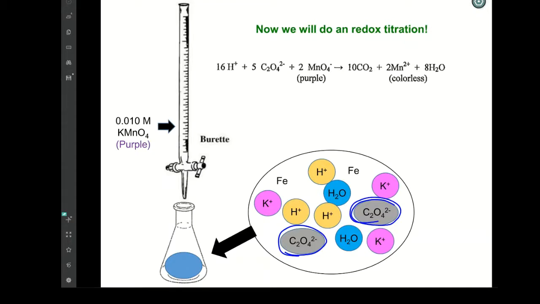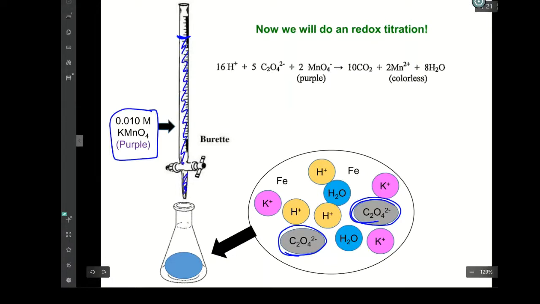And then in our burette, we're going to have the potassium permanganate solution. So you'll want to clean your burette out, and then fill it with your potassium permanganate solution, and make sure that it's a dark purple.